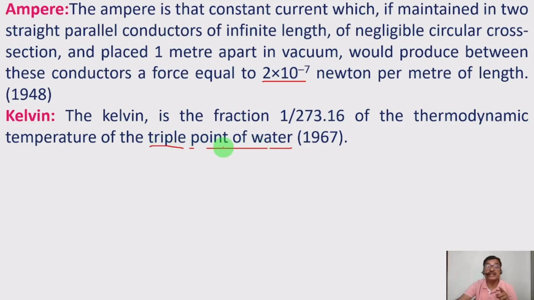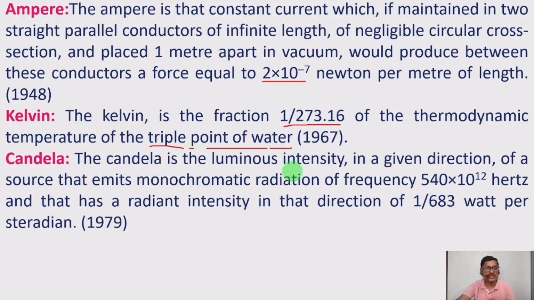That point is called the triple point, and it has a standard temperature and pressure. That temperature is taken as the base for the definition of the Kelvin, which was defined in the year 1967.